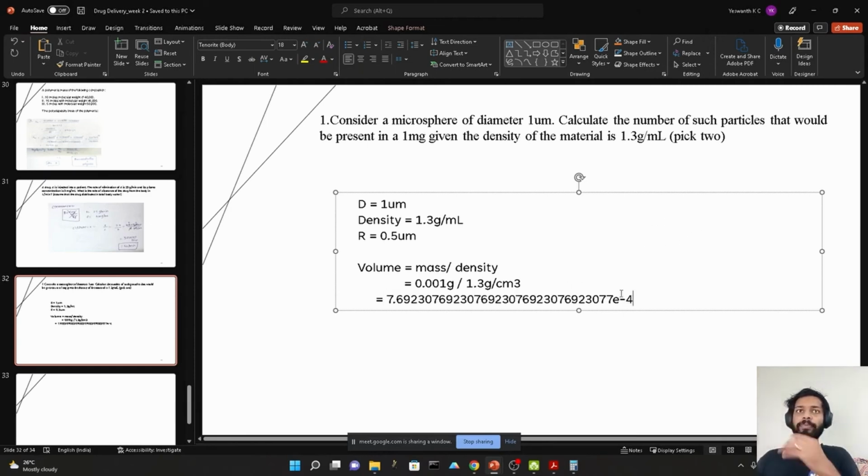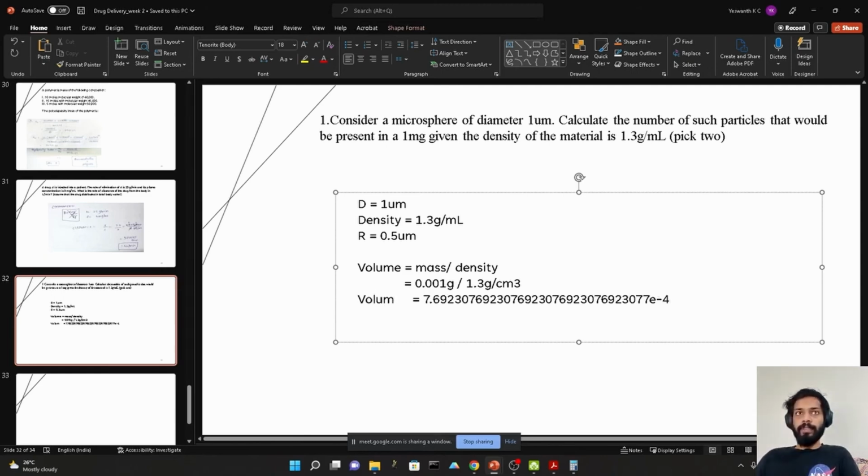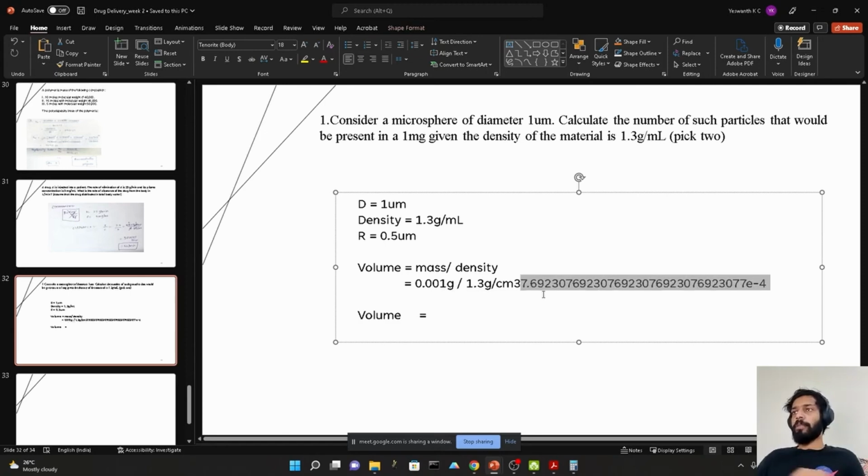So now we know the volume, which is about 7.69 into 10 to the power of minus 4.